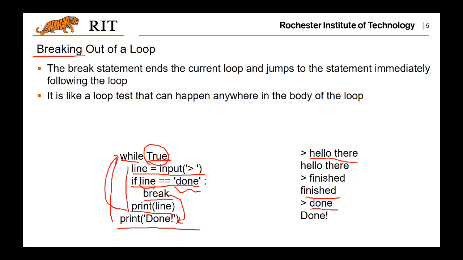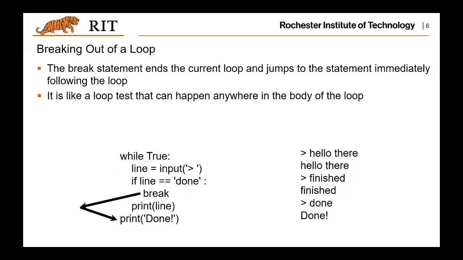All right. So here is an illustration of how a break works: when you go to this break statement line, it will directly go to the next line after the loop. All right, as I explained.